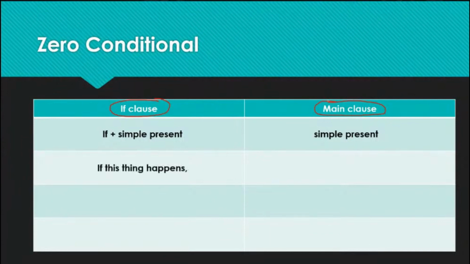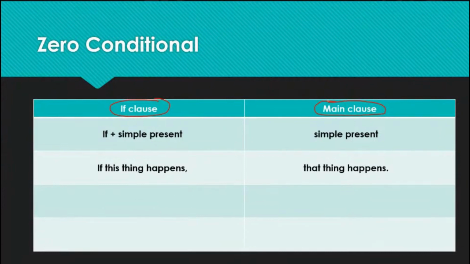So for zero conditionals, we're using the simple present tense, talking about facts, things that are generally true. So we use if and simple present. And our main clause is also simple present. So, zero conditional, basically, if this thing happens, that thing happens. This is used to talk about true things.